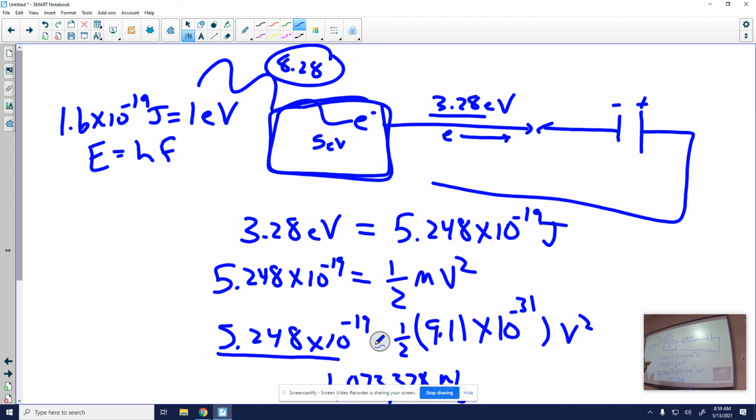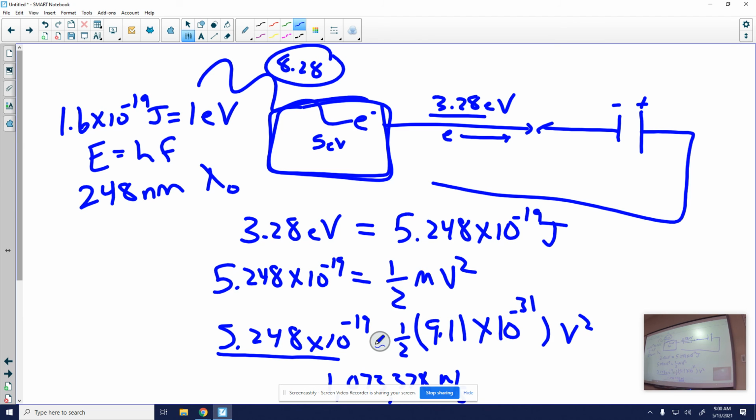But an easier way to do this problem is just knowing that 1240 would be 1 electron volt. So if I take 1240 and divide it by 5, it takes 248 nanometer light to knock out an electron. Anything longer than 248 will not work for this metal. The 248 is called the threshold wavelength.